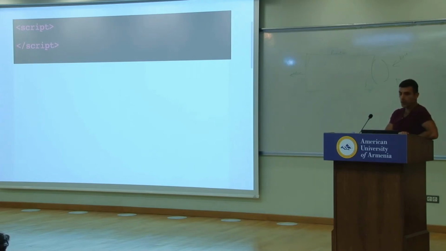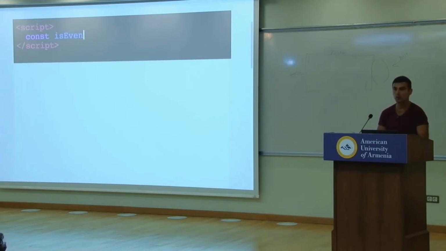Fair? Okay, so let's go from the beginning. I need a variable. Go. Is even. Okay, so is even implies that it's going to return a yes or a no, right? A Boolean.